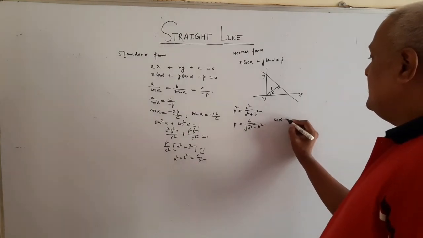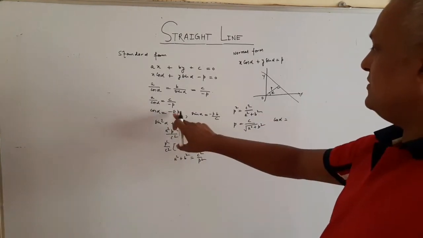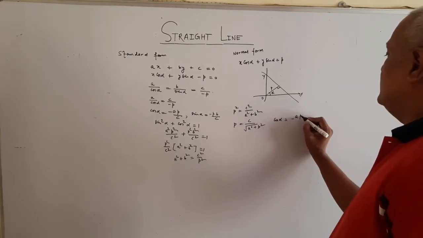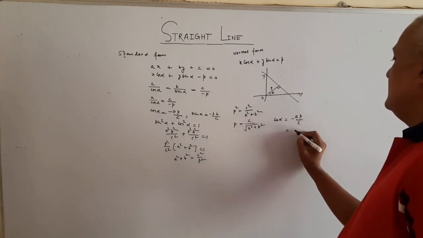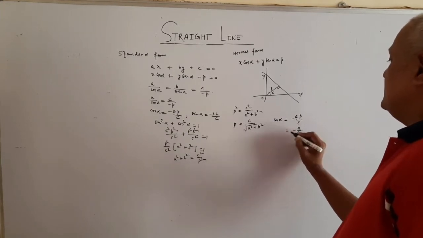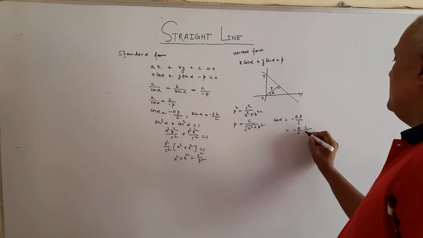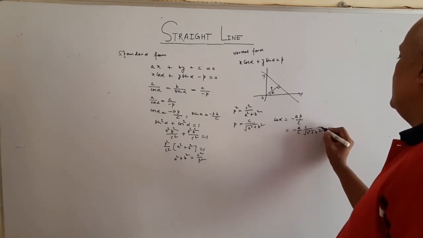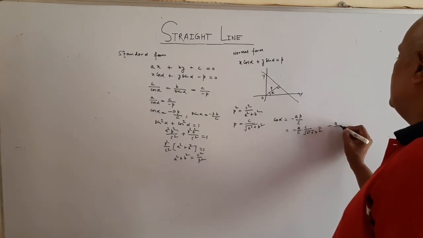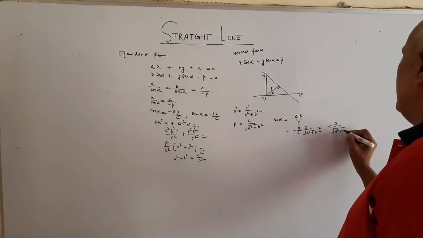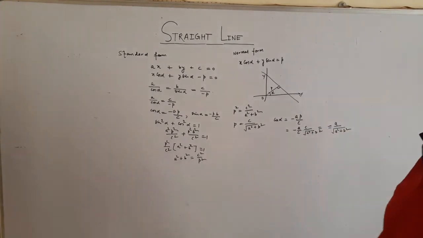So how will you find the cos alpha? You have seen that cos alpha is minus ap upon c, that is minus a upon c, and p is c upon under root a square plus b square, that is just minus a upon under root a square plus b square.